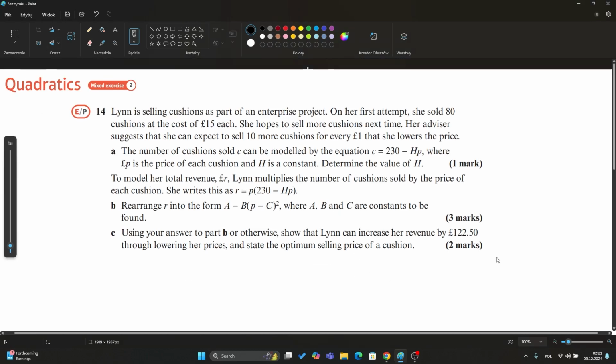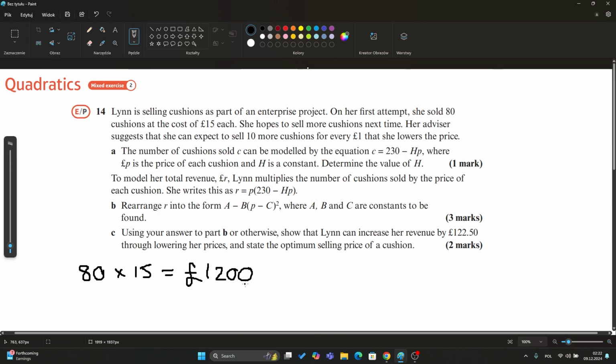Now this is the last question of the review exercise, where Lynn is selling cushions as part of the enterprise project. On her first attempt, she sold 80 cushions at the cost of £15 each. So she did 80 times 15, which is £1,200, and she hopes to sell more cushions next time.